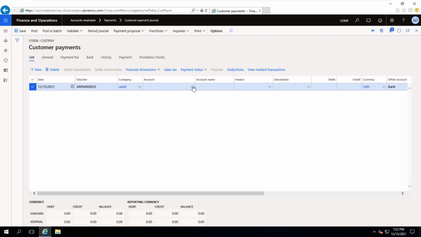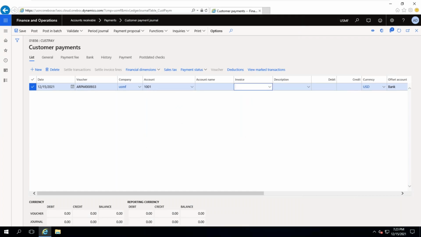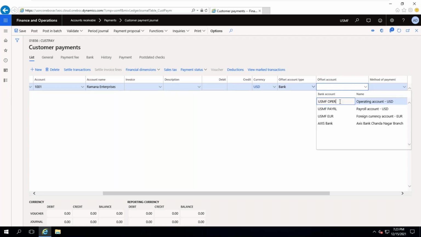Now select the customer from which you are receiving money. That customer you need to select, whichever customer it may be. Whenever you are receiving money from the customer, the bank account will be debited.